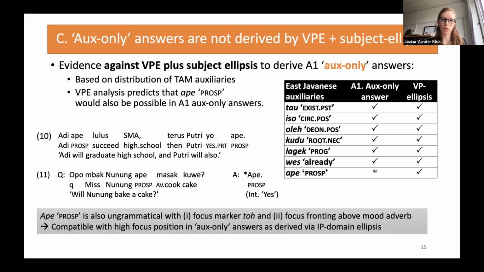So the examples I showed previously with the unexpected word order are not possible with ape, but it is possible with all the other auxiliaries. So this ungrammaticality with ape is consistent with auxiliary only answers being in a higher position, a high focus position, and derived via IP domain ellipsis.